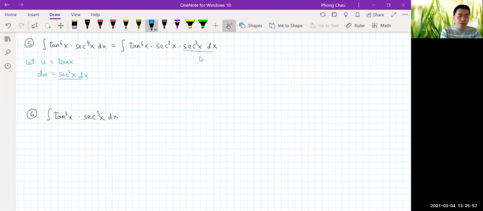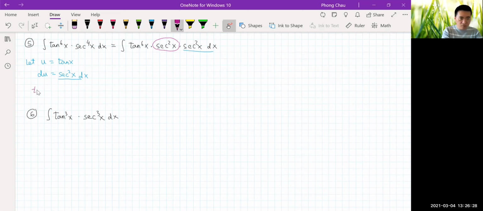But the problem is, since we turn into tangent, everything needs to be written in terms of tangent. And you see that there's a secant squared there that we need to handle. So somehow we need to change this to tangent. To do that, you have to use identities that involve tangent and secant.